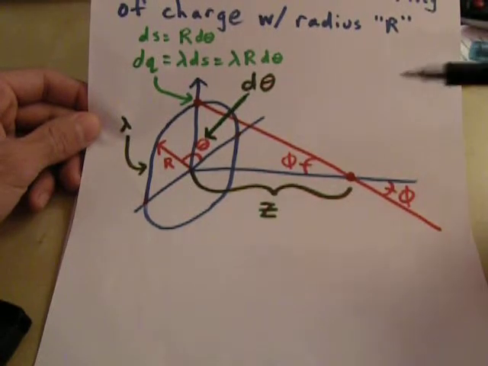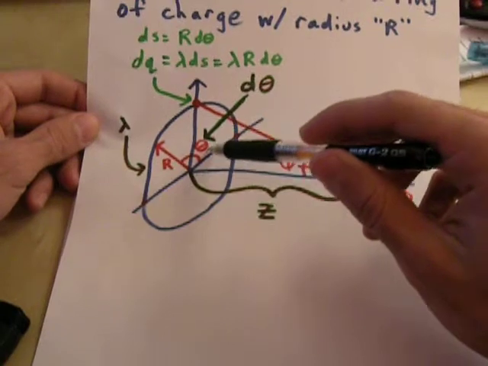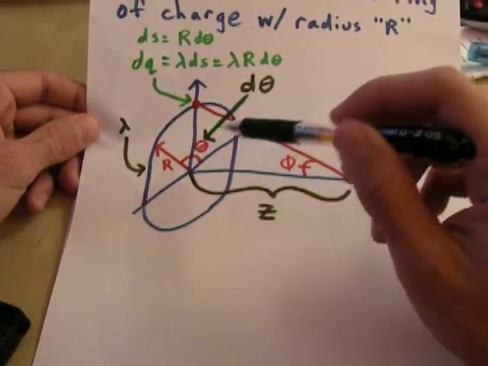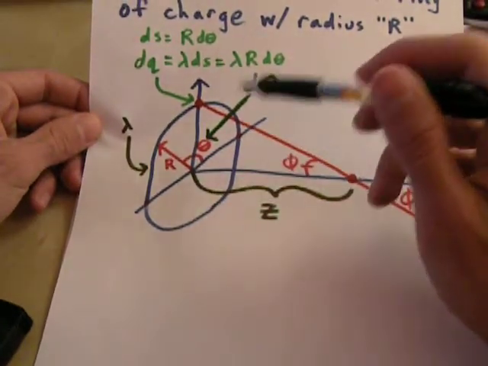The main points here are going to be this theta right here. That's what controls the r.